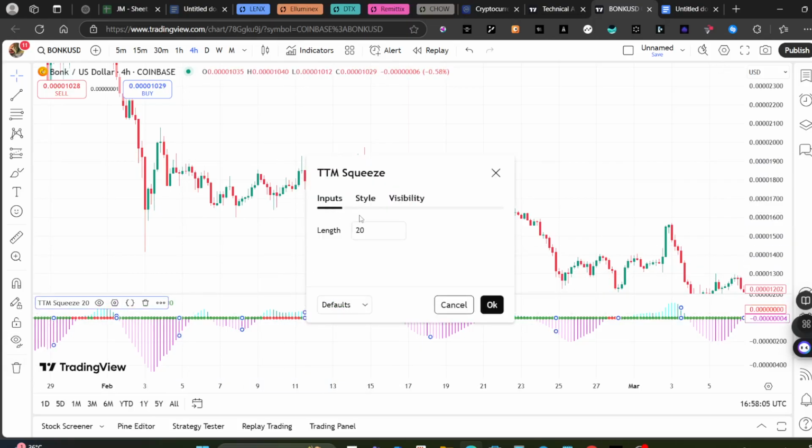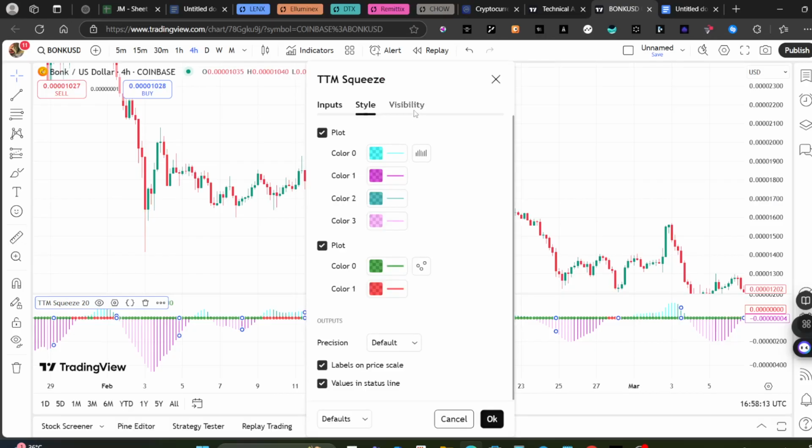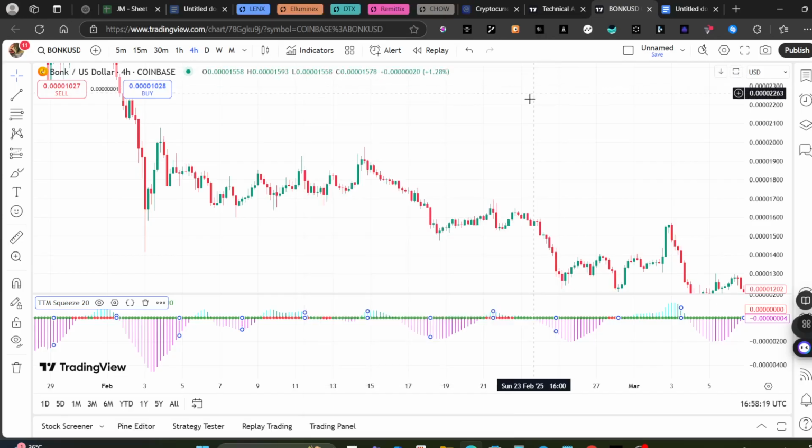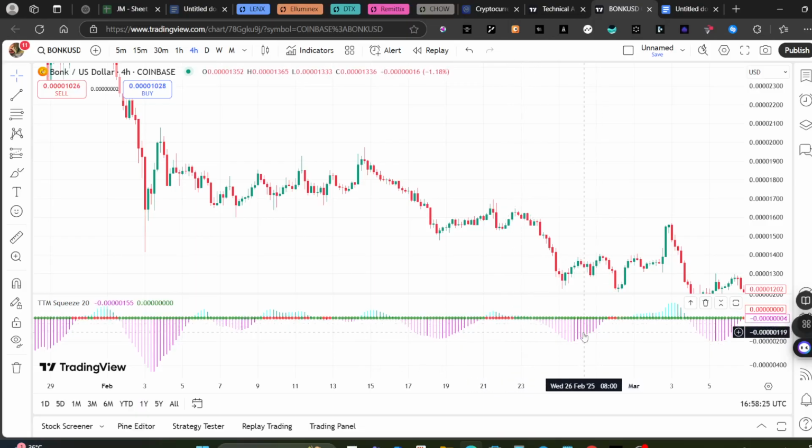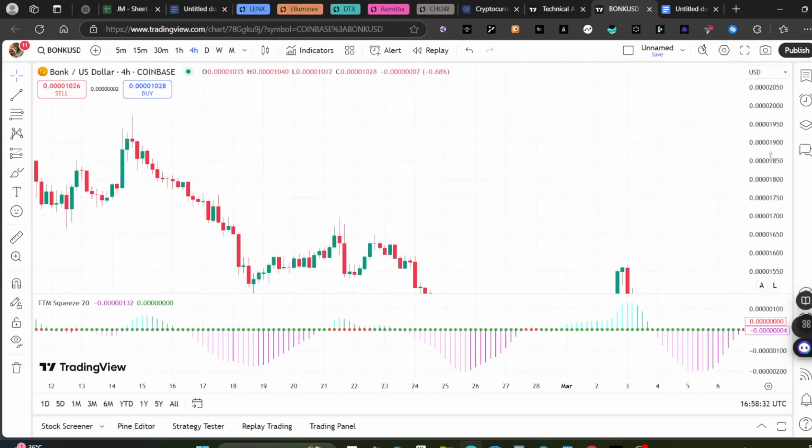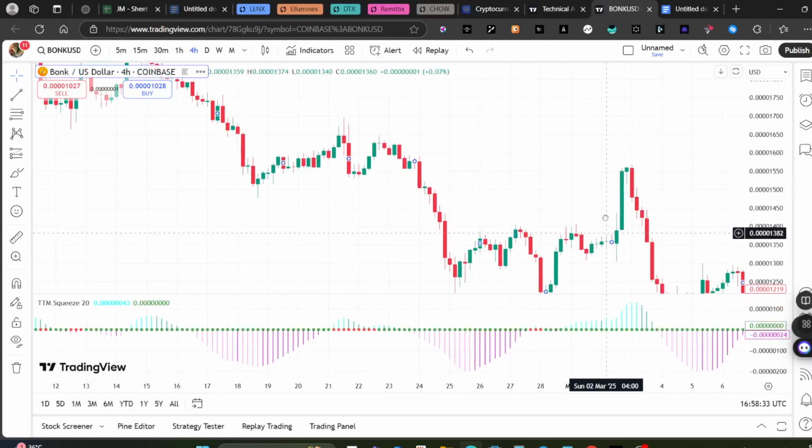The default settings work well, but you can tweak them based on your trading style. Make sure you can see both the squeeze dots and the momentum histogram clearly. Once you have it set up, you are ready to use it in your day trading strategy.